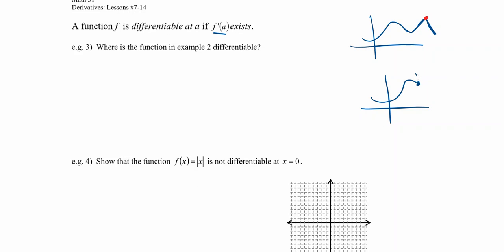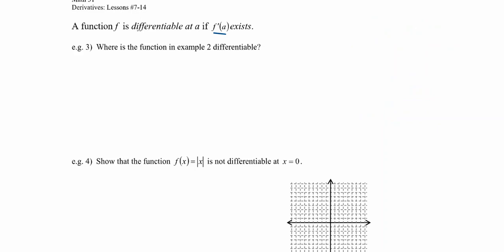Maybe it's the slope before that point, but it wouldn't quite be that either, because right on that point the slope could be here or there. We don't really know when it comes to a stop like that, because we can't take the limit from both sides. You can think of it that way too: if we're finding the limit of the slopes, it doesn't work out. So that's the idea, which I think just makes sense.